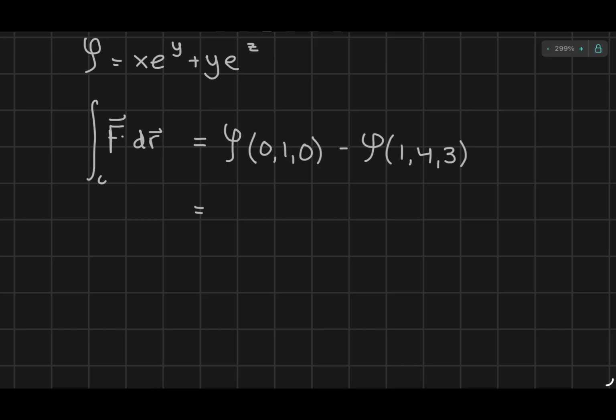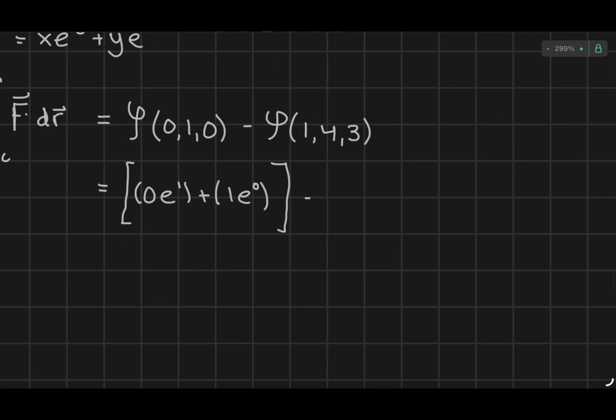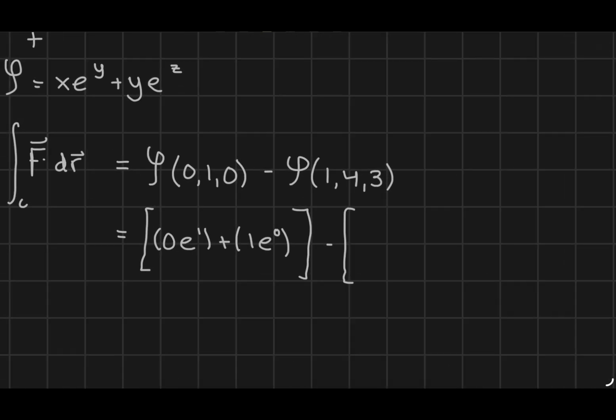So I guess just kind of plugging this in, at (0, 1, 0), our phi is x e to the y plus y e to the z. Therefore, we're going to have 0 e to the 1 plus 1 e to the 0, minus, plugging in (1, 4, 3) into our potential function, we're going to have 1 e to the 4 plus 4 e to the 3.